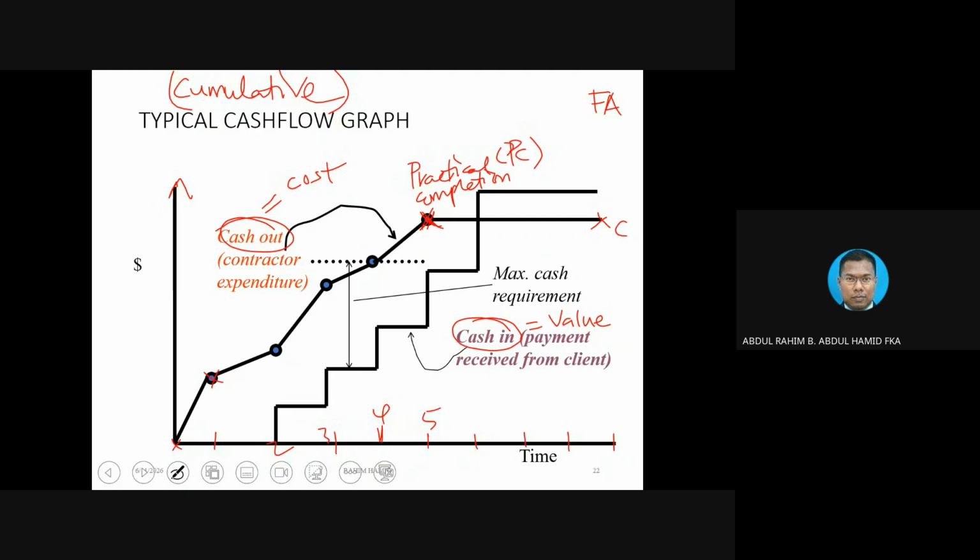But you have to bear in mind, it is not as simple as directly taking the values as per our formula, because the payment received is not going to be equivalent to the values. The client is going to deduct here and there. But in our subsequent example, we can use that since we do not have any deduction.